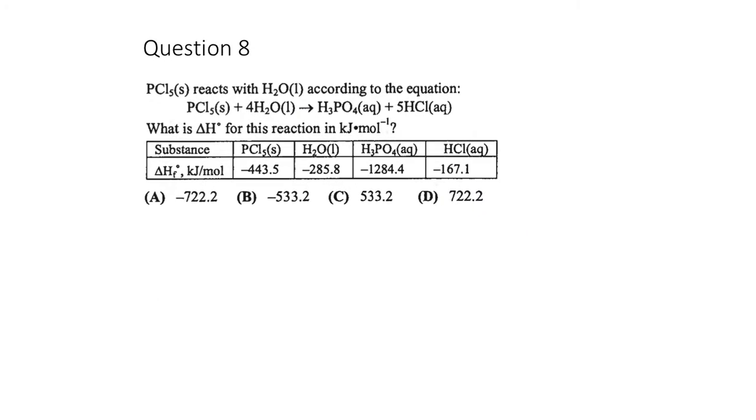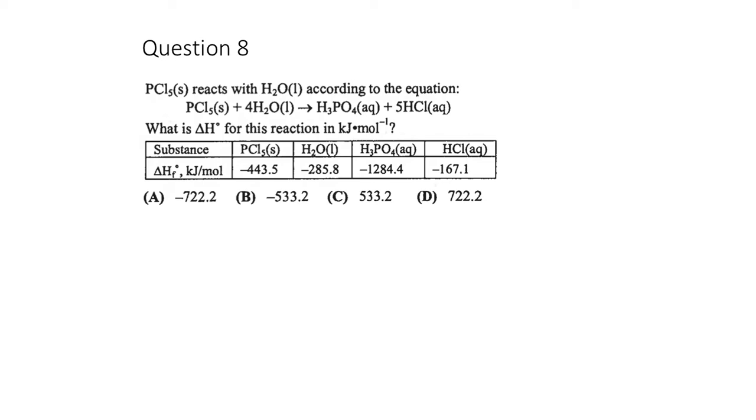All right, this question is asking us to find the delta H for this reaction, so we just do the sum of the products minus the sum of the reactants. So what we're going to do here is minus 1284.4 plus 5 times negative 167.1 minus negative 443.5, and then minus 4 times negative 285.8.